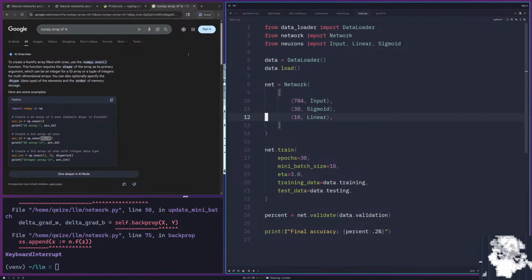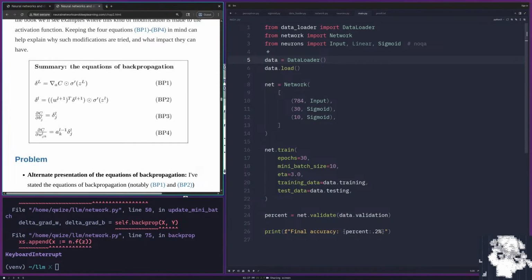Okay. How do I tell this to stop importing this? If I just do that, will it? Yeah, okay. So I have a guess as to what's going on.